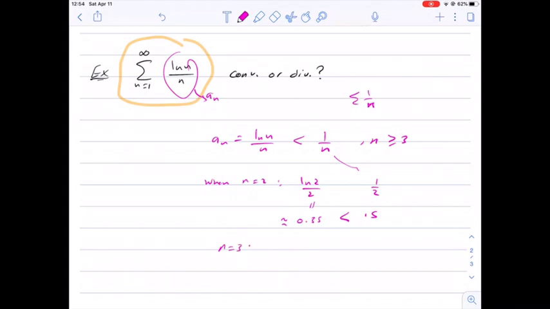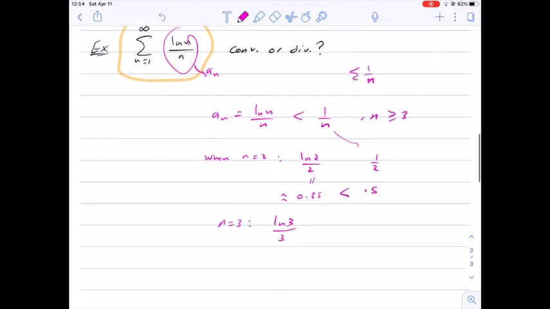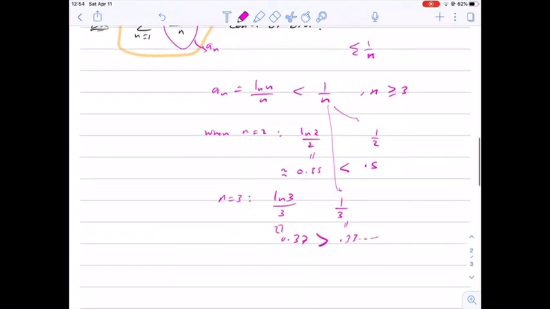So what about n equals 3? Now for natural log 3 over 3, using the calculator, we find it can be approximated as 0.37, and 1 over n is 1/3, which is 0.33, etc. This is greater than.